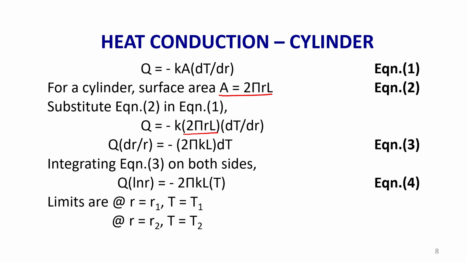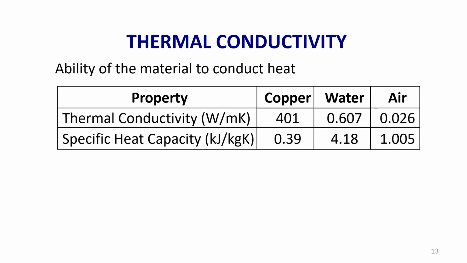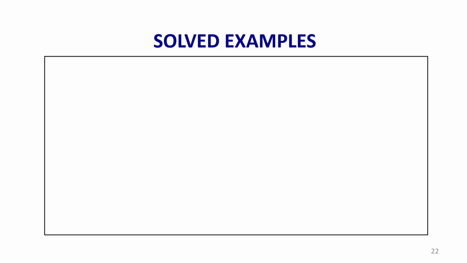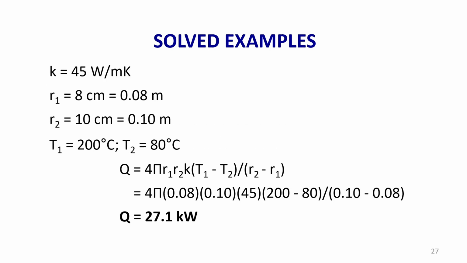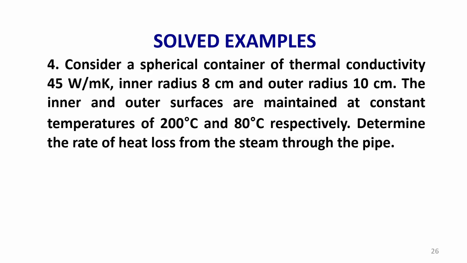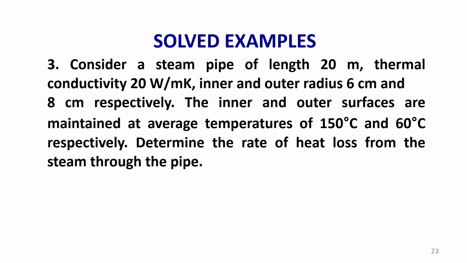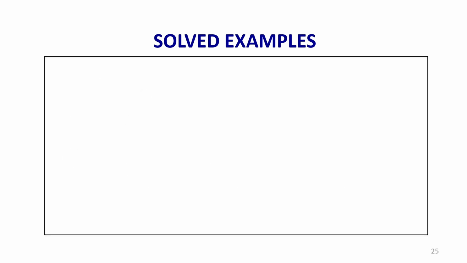Otherwise, let me derive that one, so that all the students will understand. There are some blank slides, which I will use for it. This is a cylindrical problem which I have taken. So, Q is equal to minus k into A into dt by dr. This is by Fourier's law.